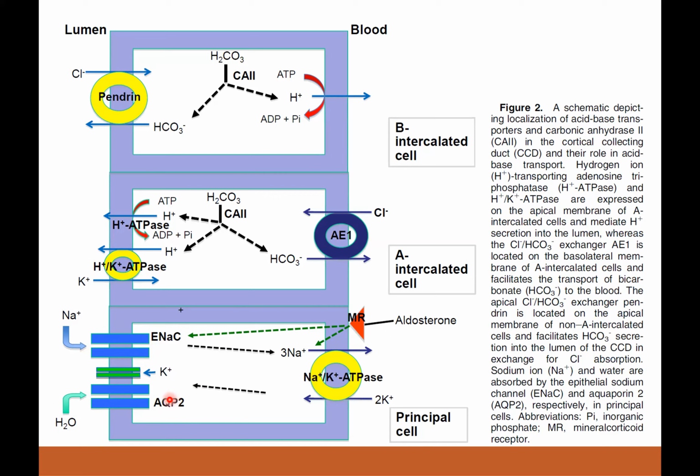That is all we see in hyperaldosteronism. So this mineralocorticoid receptor, once it is stimulated, acts on this channel as well as on the Na-K ATPase, where sodium is pushed into the body, potassium is exchanged, and that potassium goes through this channel. This is the mechanism in the principal cell.